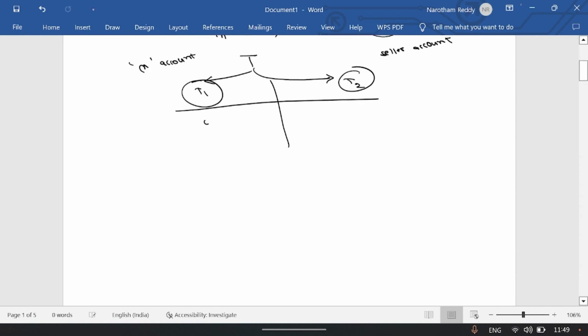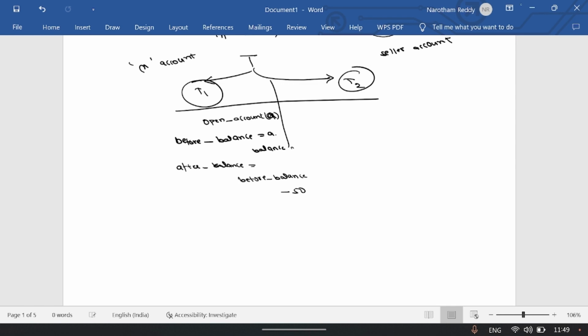In X's account, first he has to open his account, which holds amount A. Before balance equals A.balance, after balance equals before balance minus 50 rupees.